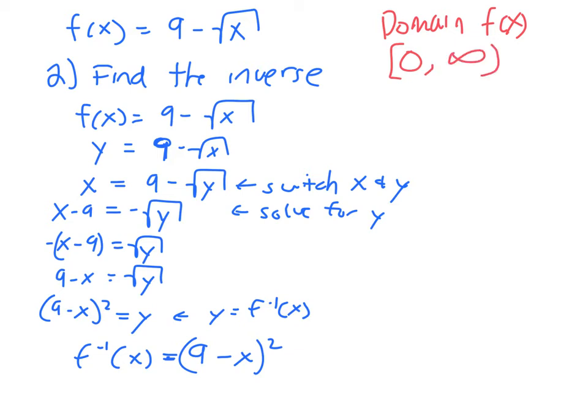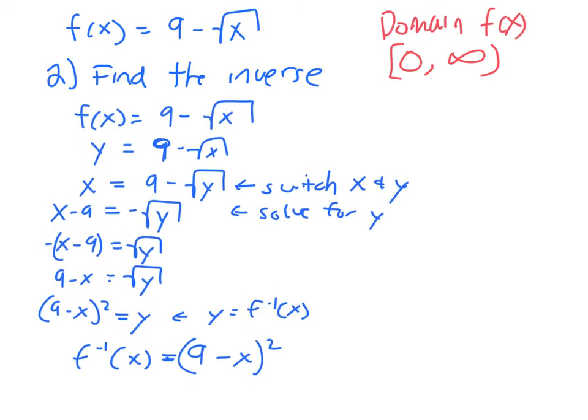Okay, so now what's the range of f of x? In this case, it's kind of easy to see that this square root of x will always be a number that is greater than or equal to 0. I can't put in an x value and get the square root of x to equal -1, for example. There's no real number that I can put in for x and get -1.